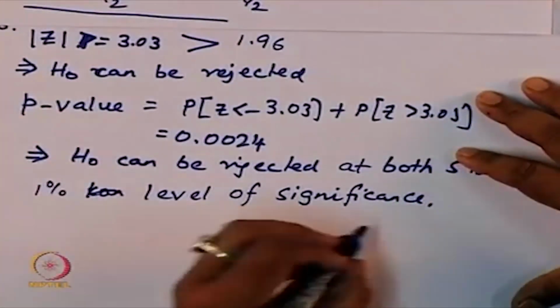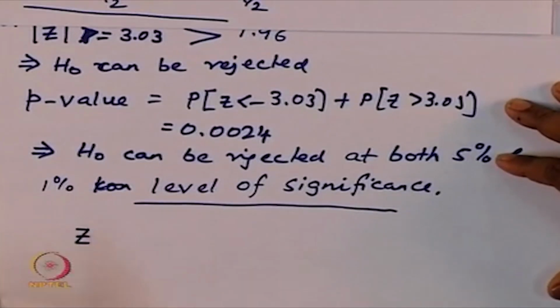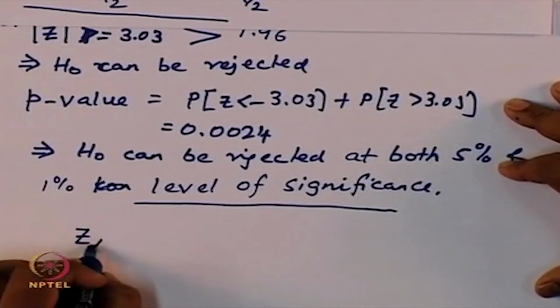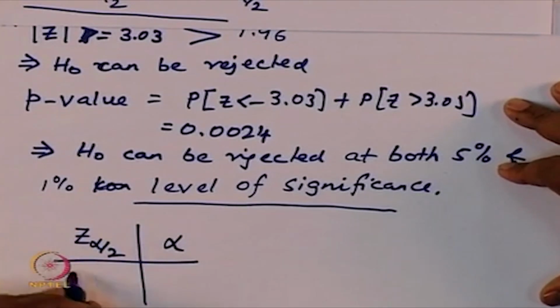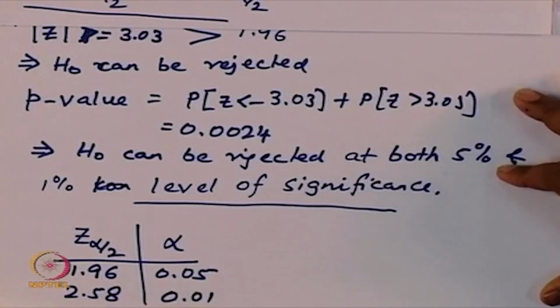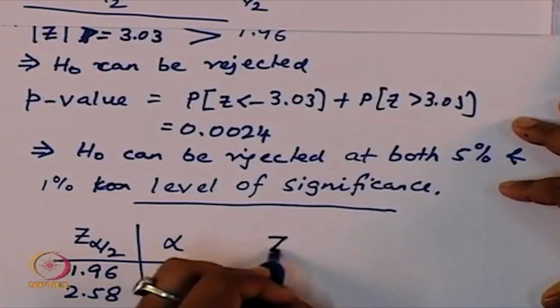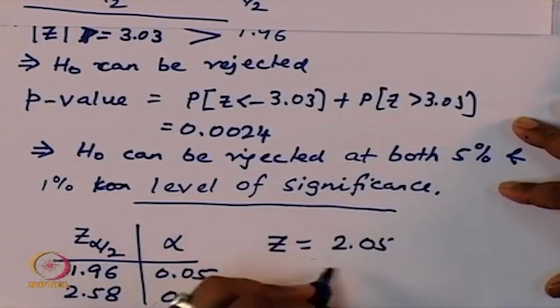Now, imagine a situation. If I plot z alpha by 2 against alpha, for 1.96 I have 0.05, and for 2.58 I have 0.01. Let us say in a particular case I get a value of z of 2.05.